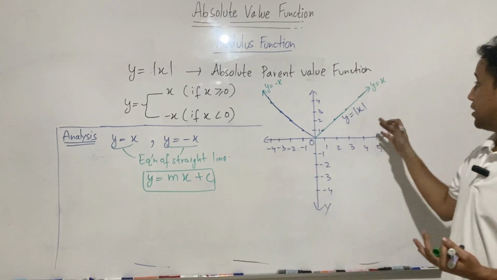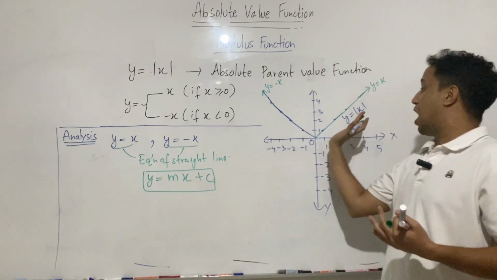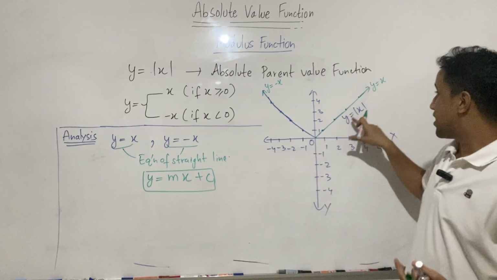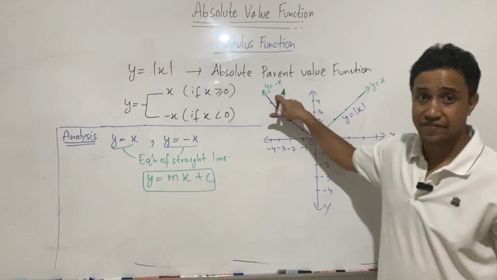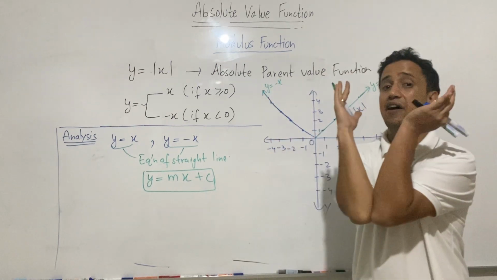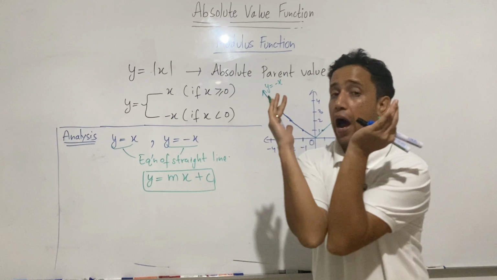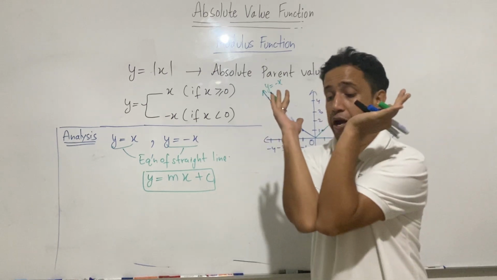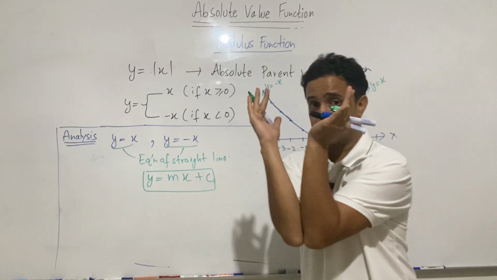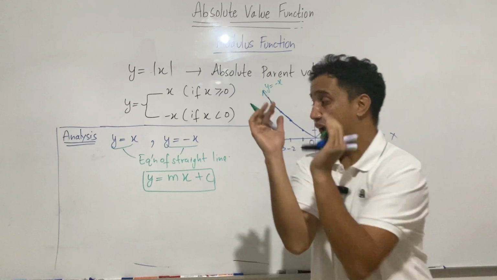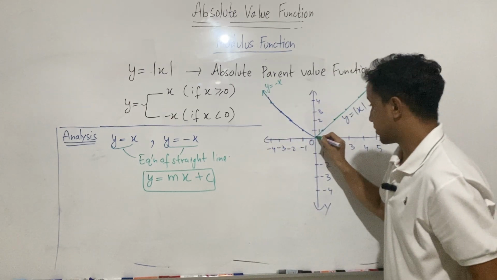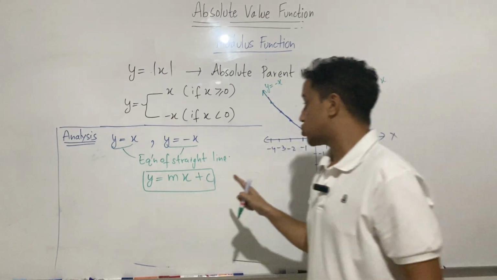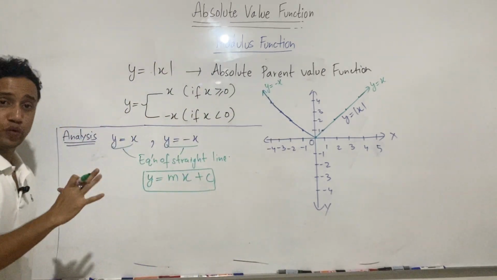in the parent value function, we are using y equals x, y equals negative x. So the V-shaped graph is formed by two lines, and this is the vertex. So we have to understand it.